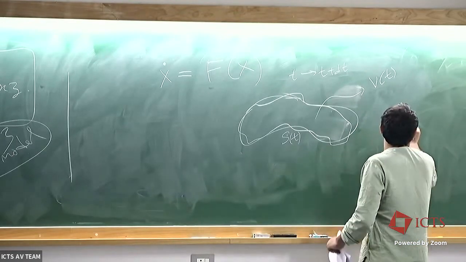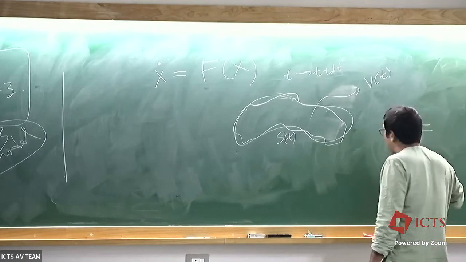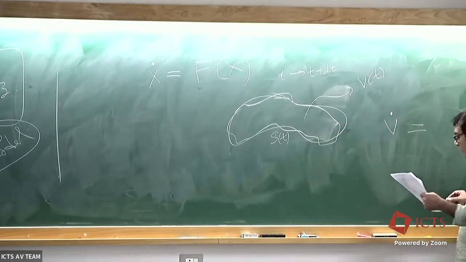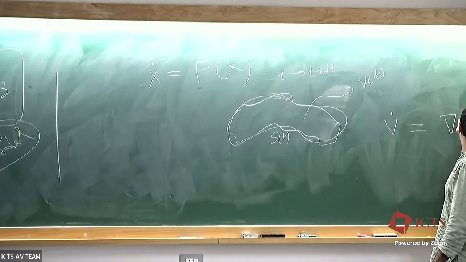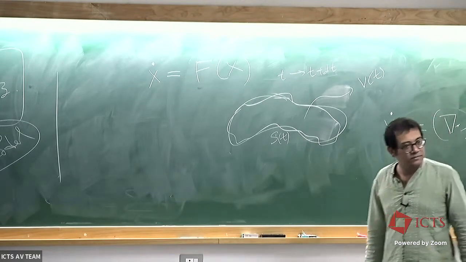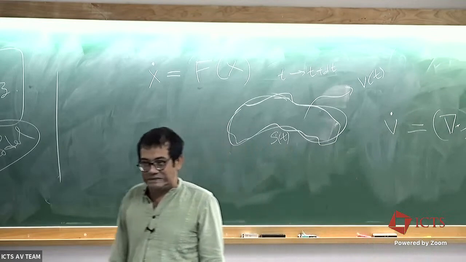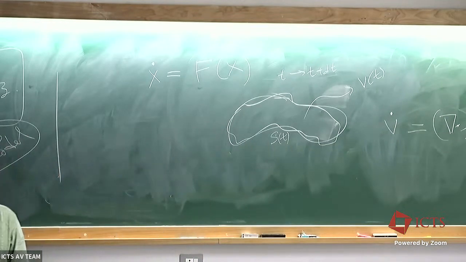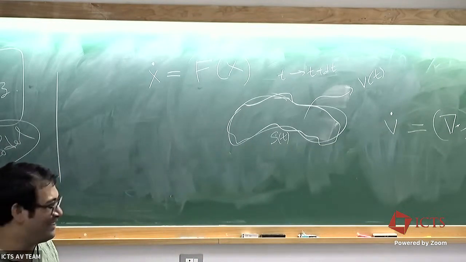So what you end up having is that the change of the volume will just be the divergence of the function times the volume. Okay. So let's accept that on faith. Let me not go through this derivation.